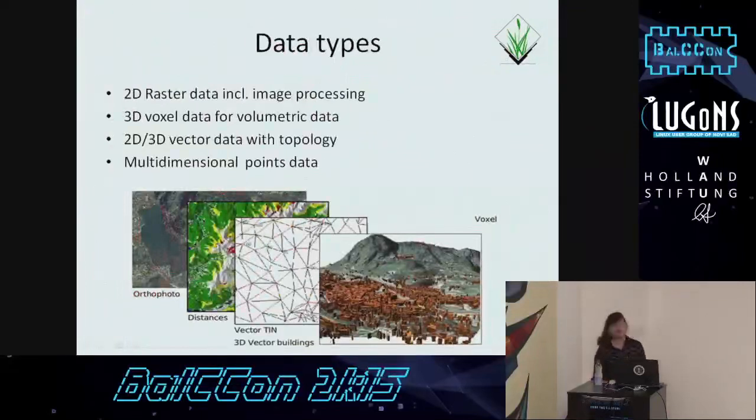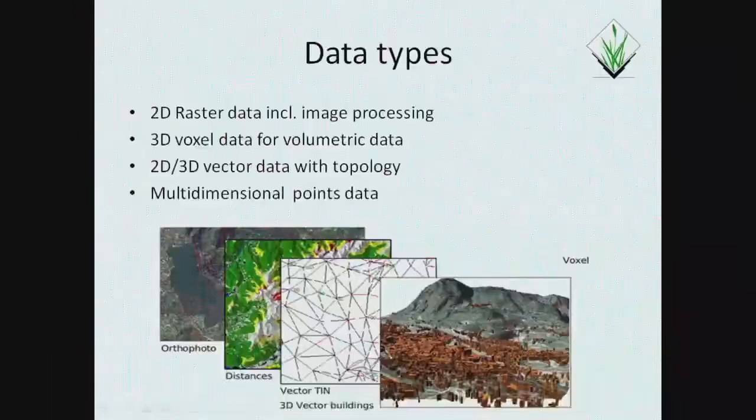In GrassGIS, we can use different data types like 2D raster data, including image processing, 3D voxel data for volumetric data, 2D or 3D vector data with topology, and multidimensional point data.